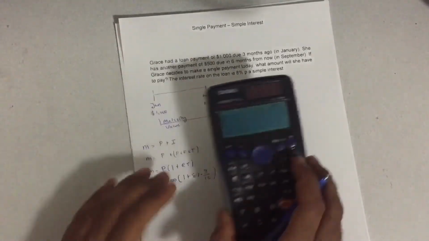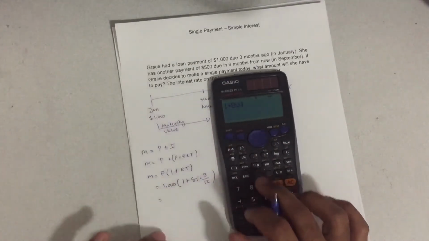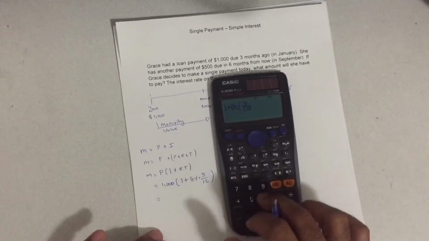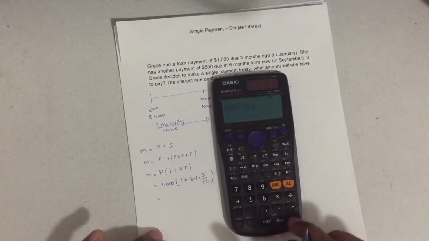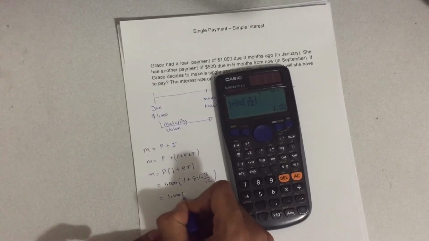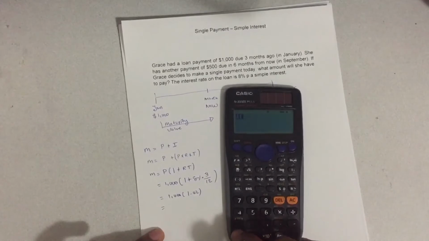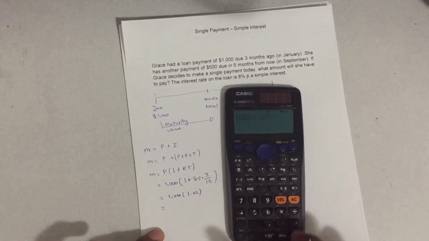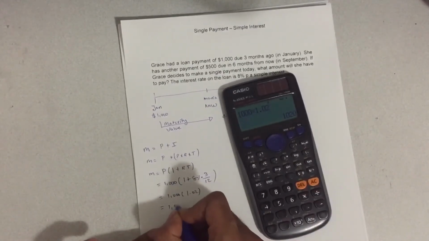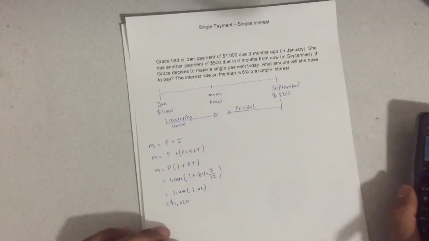In order to do that, we'll just use our calculator. So it's 1 plus 8% times 3/12. We get 1.02. So it's 1,000 times 1.02, which is 1,020. Now that's half of the question.